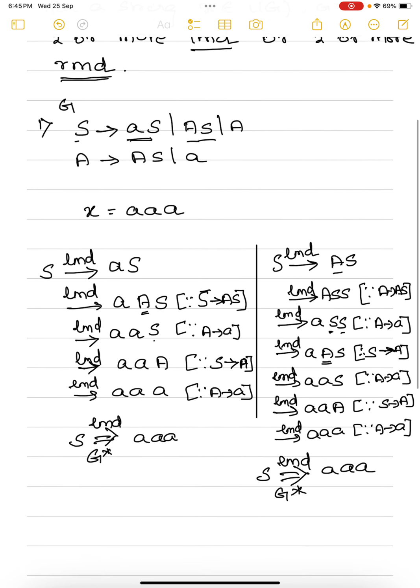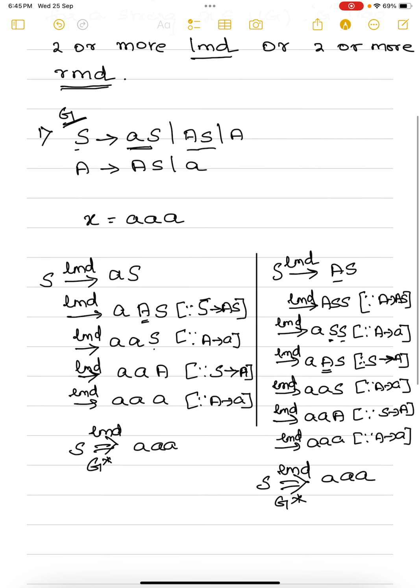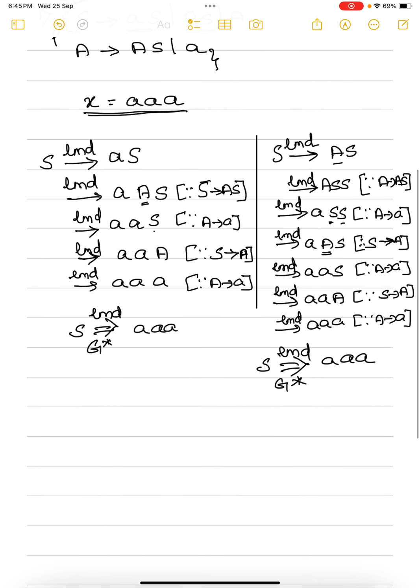So for this grammar G, using the given set of productions, we were able to give for this particular string X equal to aaa two leftmost derivations.